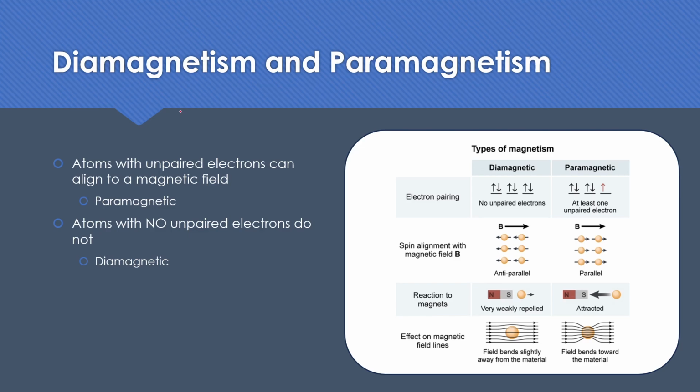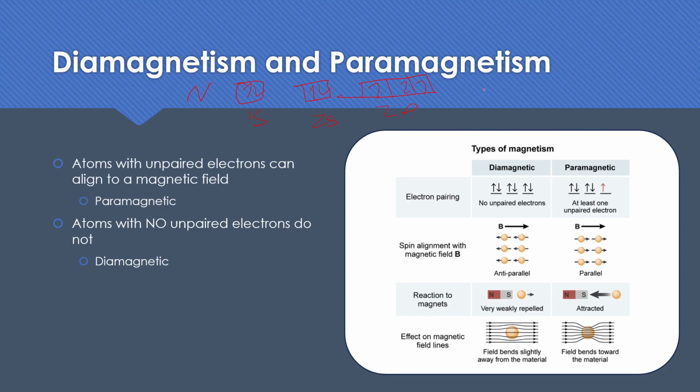Now you can see this. So for example, if you look at the box notation for nitrogen, okay? So I've got my 1s box, my 2s box, my 2p boxes. Nitrogen is 1s2, 2s2, 2p3. So as you can see, I've got 3 unpaired electrons.